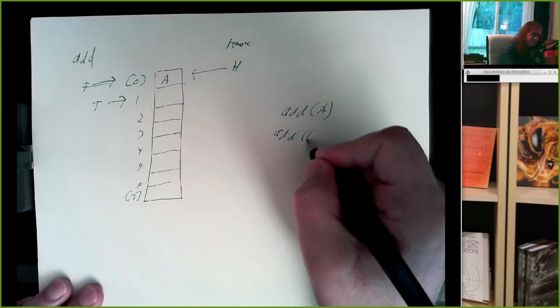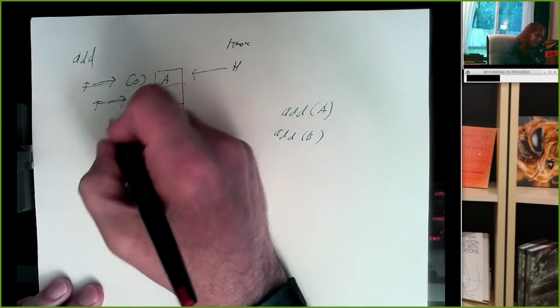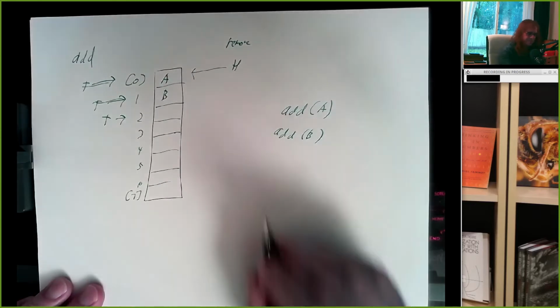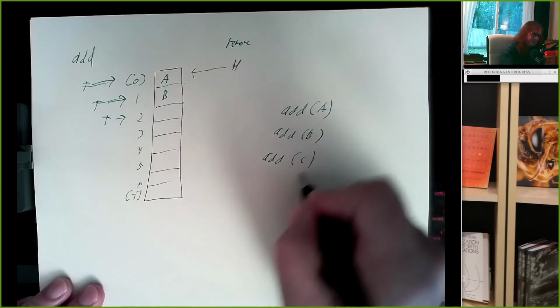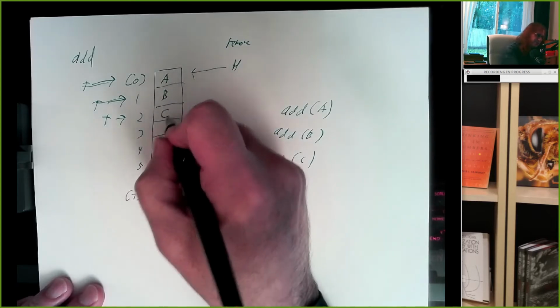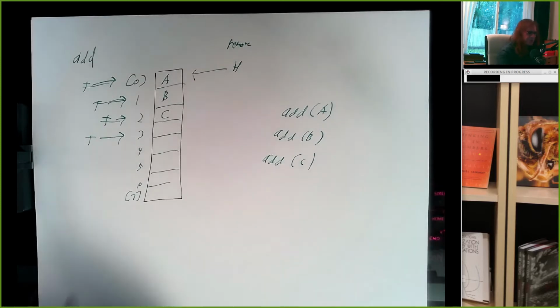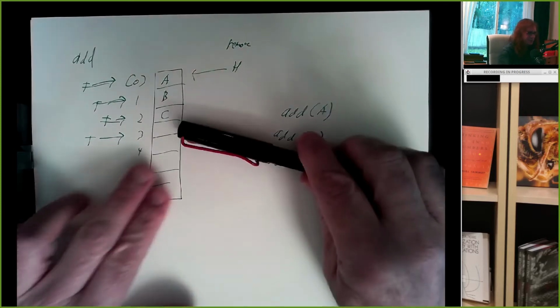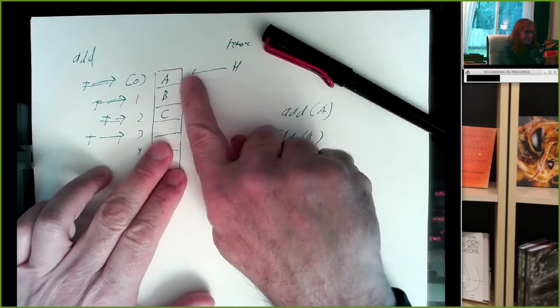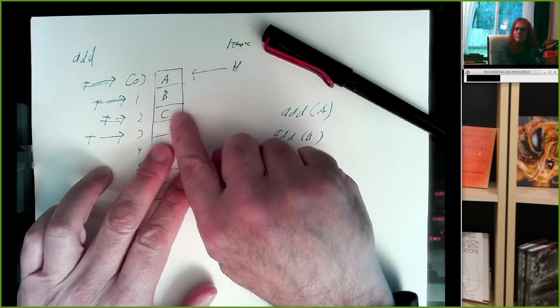And now if I add a B, that's going to get stored at index 1, and I'll bump up the tail. And if I add a C, that's going to get stored at the index pointed to by the tail, which is 2, so that's going to get stored right here, and I'm going to bump up the tail to 3. So here's what my queue looks like, right? Here's the tail, here's the head, so this is the end that's going to be removed from. First thing to be removed will be an A, and then B, and then C.